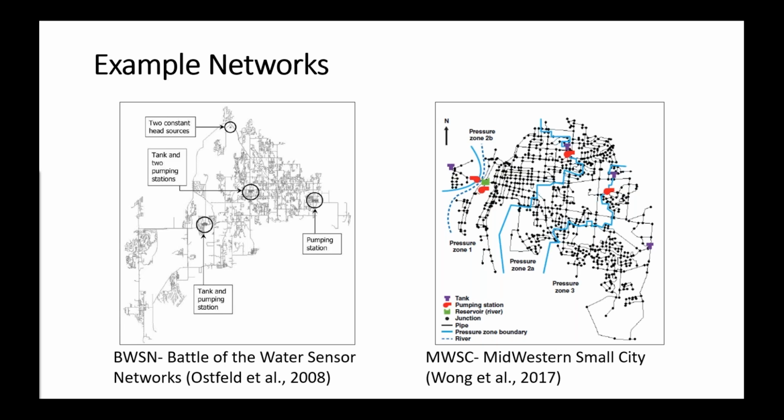And then on the right side is the other network, which is much smaller for a Midwestern small city that serves approximately 20,000 customers. It's got a number of pressure zones involved with it, and that is from a paper, Wong et al. 2017.